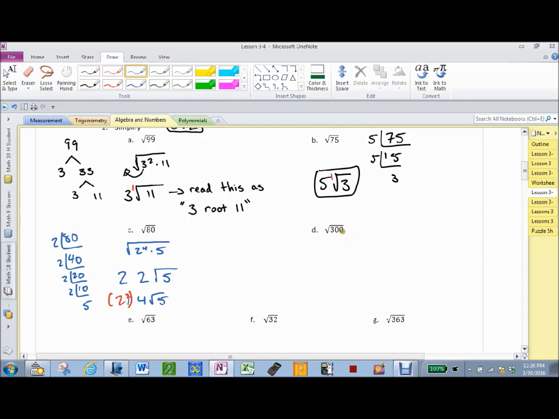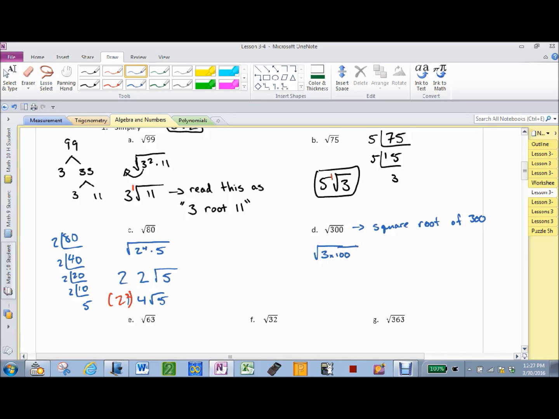300 is starting to get to be a big number, isn't it? What is this question asking me? This is asking me for the square root of 300, correct? Does 300 have a square root? Well, no, because it goes 289, then 324, right? Everyone agree? But isn't 300 also the square root of 3 times 100?